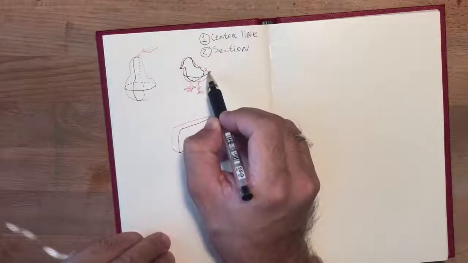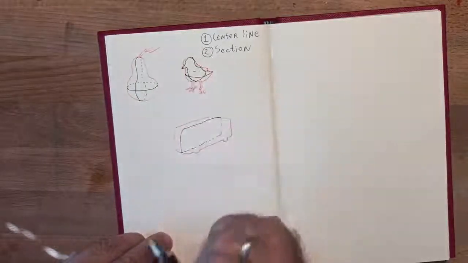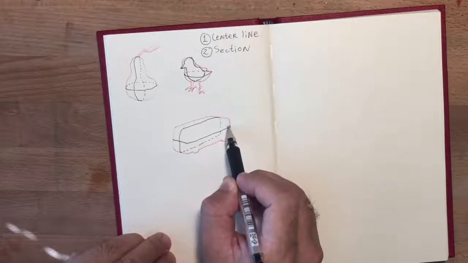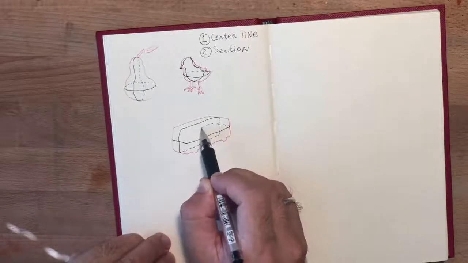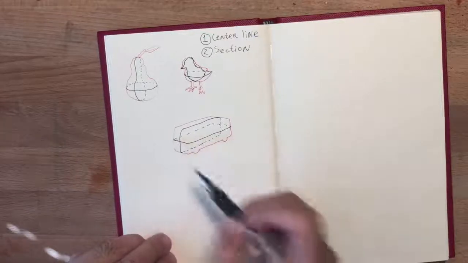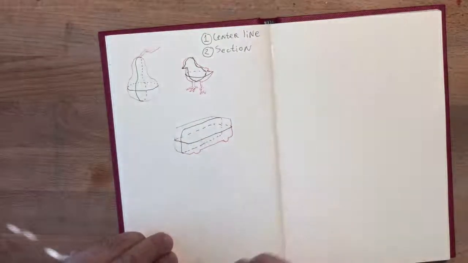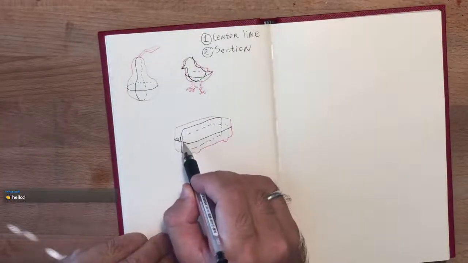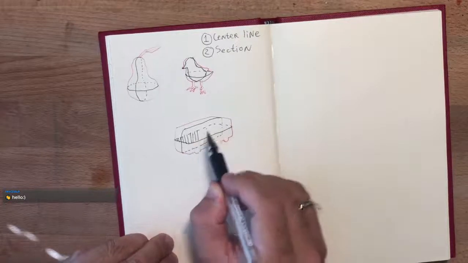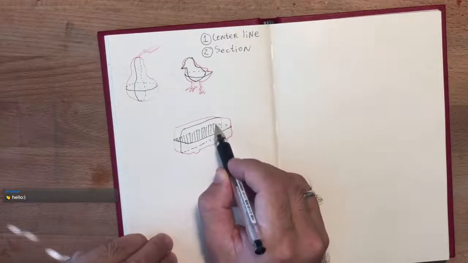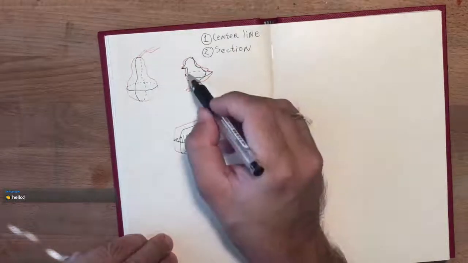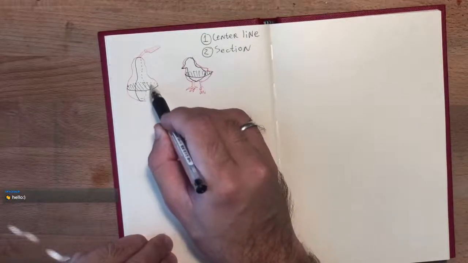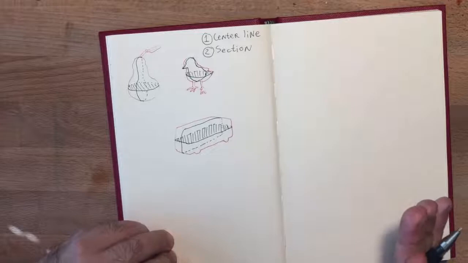So here on the chicken, go here, and on the bus, like this. So it's a section. What it also means is a section cut. It's like a laser you cut through.